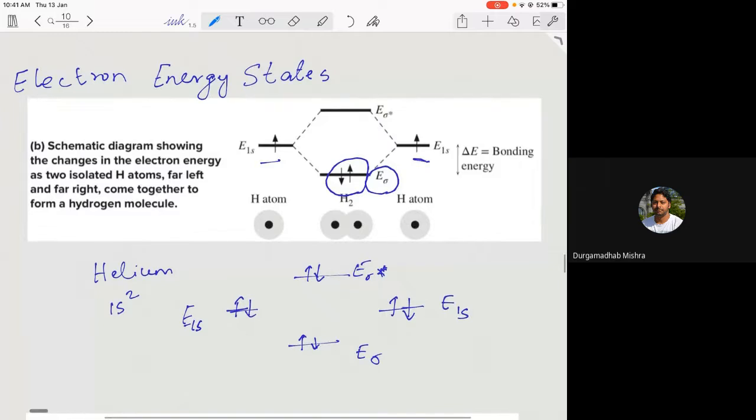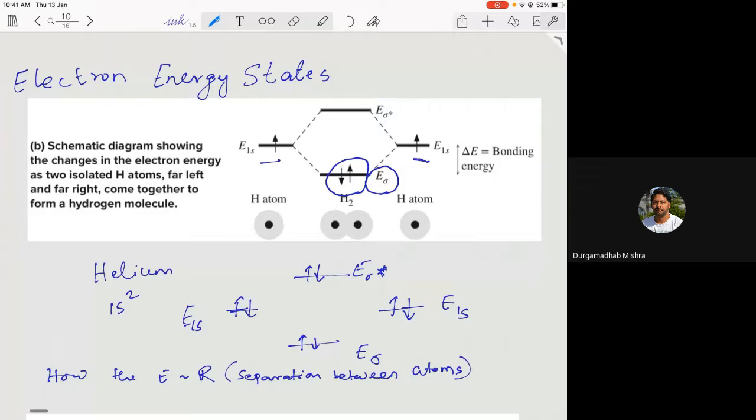Now this is a schematic representation of what we have. But we want to see what actually happens when we vary the distance between the atoms, so how the energy varies as a function of R. R is the separation between atoms.